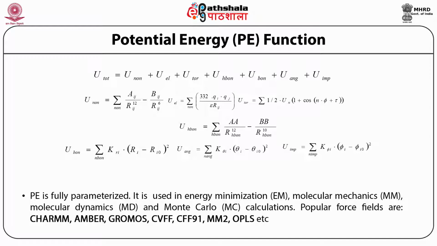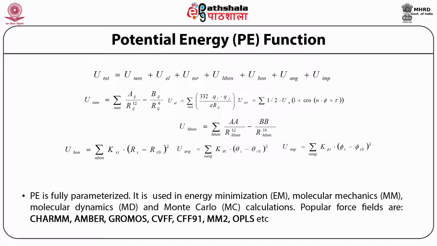For example, the non-bonded potential is typically known as the Lennard-Jones 6-12 potential, given as A by R to the power 12 minus B by R to the power 6.